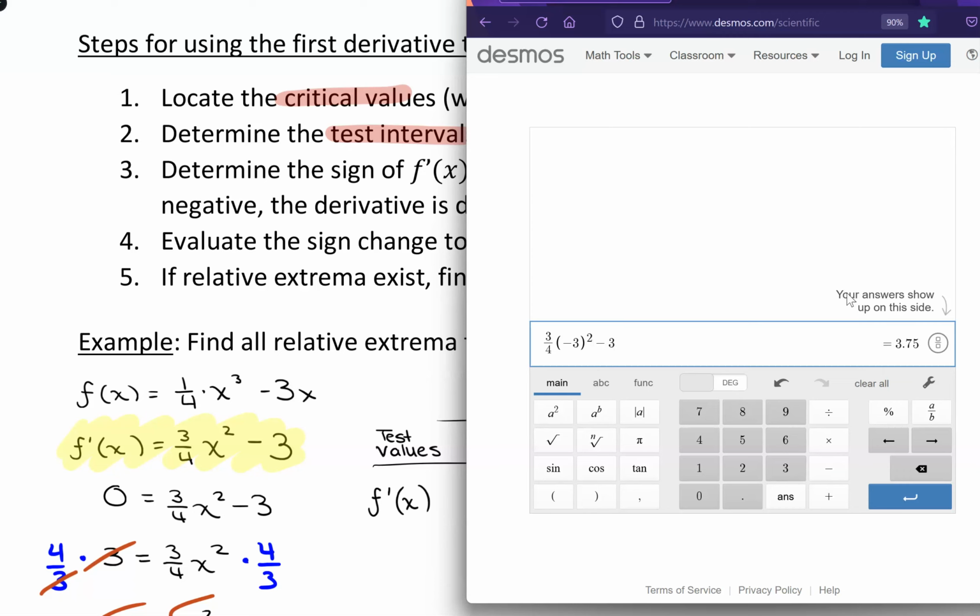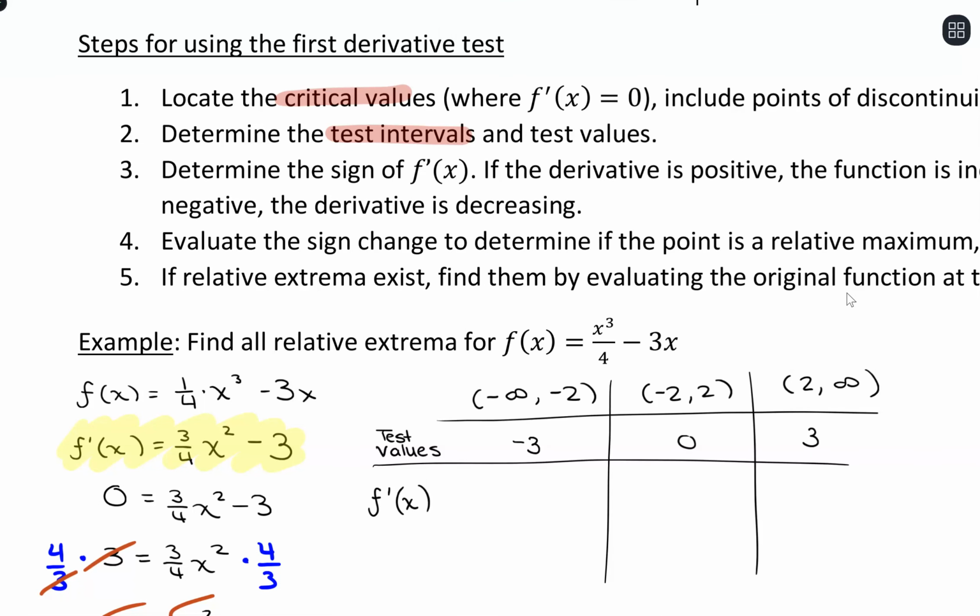So that is positive, and then when we plug in 0, we get a negative, and then when we plug in +3, it's positive again. So my outcomes here: positive, negative, positive. And we don't need the numerical values. We just want to see, is the derivative positive or negative? Because that's going to tell us about increasing or decreasing.